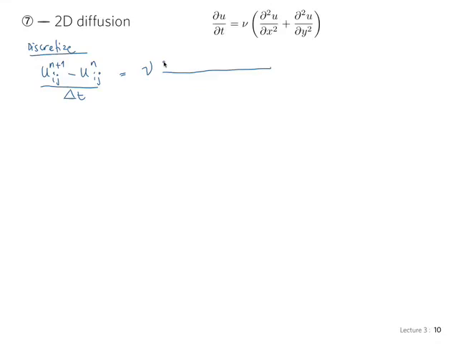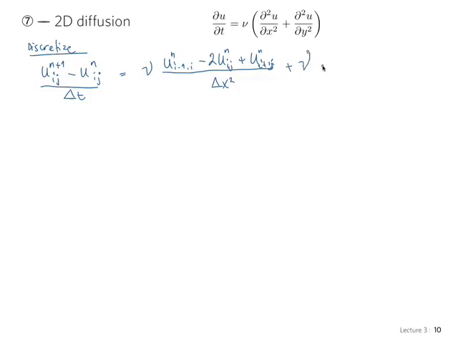Okay, so we got u. Everything is going to be at time n, but we're changing the first index between i minus 1 comma j, it's going to be a 2 u_ij, and it's going to be i plus 1 comma j, all at time n, divided by delta x squared.